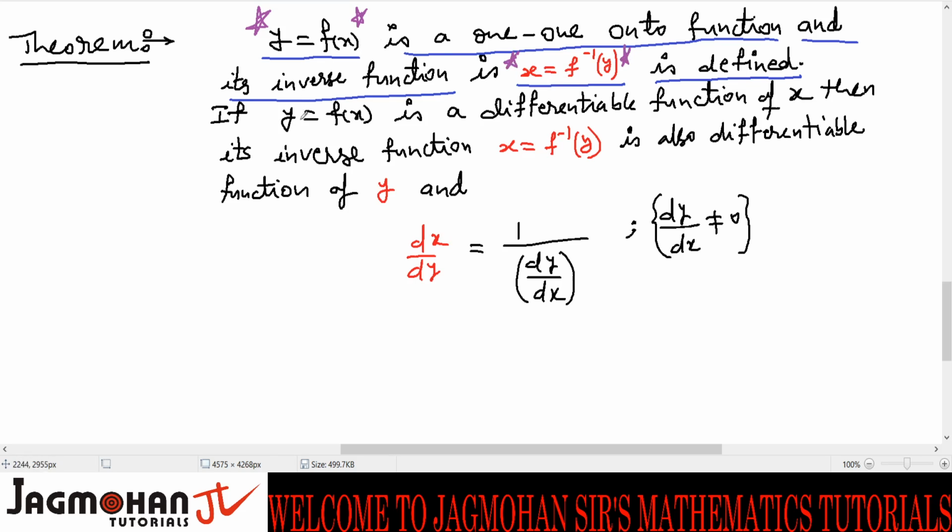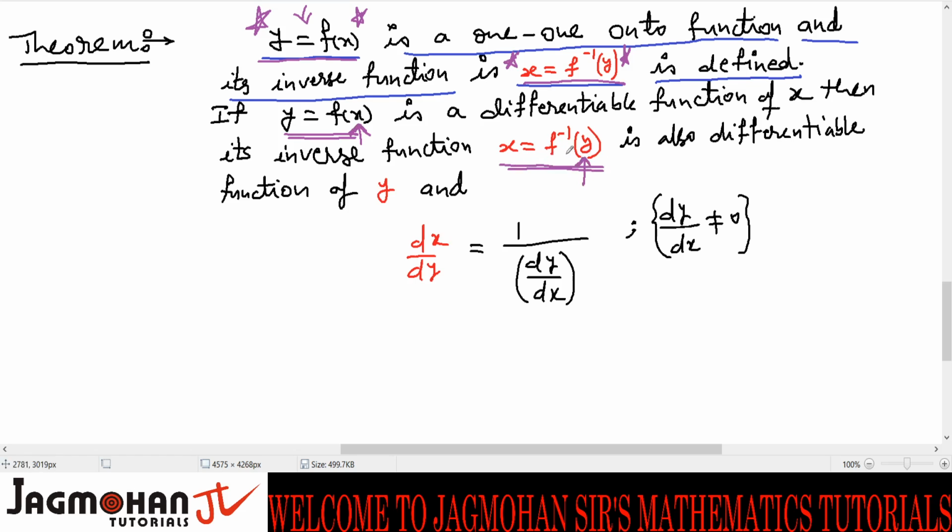Further, it is said if y equals f of x is a differentiable function of x, then automatically x equals f inverse of y will also be a differentiable function of y.